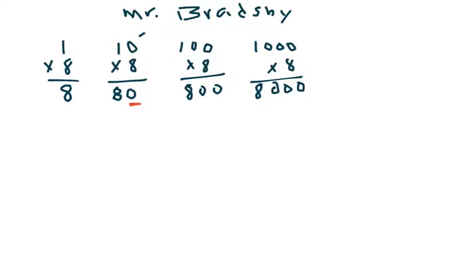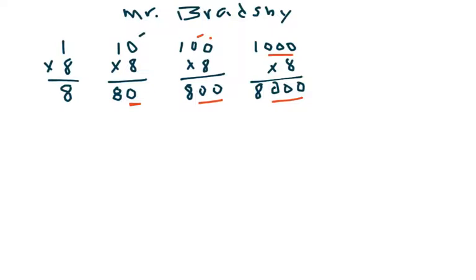Same thing when we multiply 8 times 100. There are 2 zeros in hundreds, so the answer has 2 zeros, 800. Same thing with 1,000. How many zeros are there? 3. So the answer has 3 zeros. That's important because this comes up when we do our multiplication.